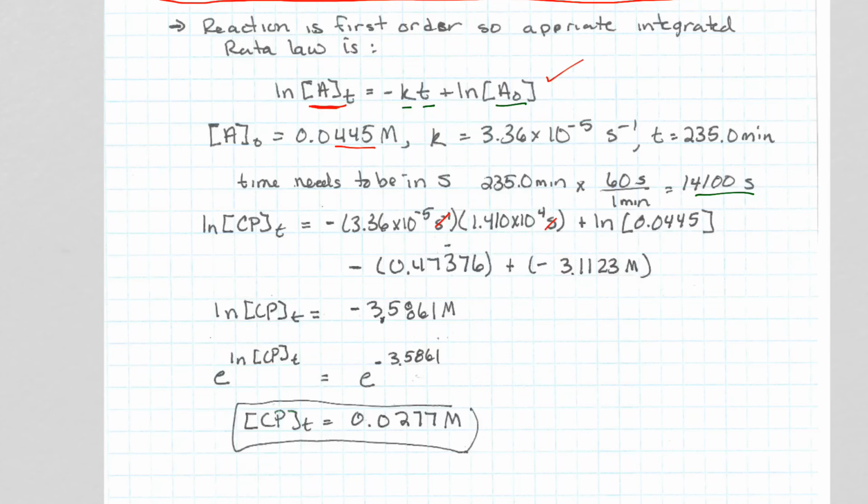All right, so this is a basic type problem looking at integrated rate laws, the dependence of concentration on time. Of course, there are other things you could also be asked to do. You could be given data and asked to find k. You could be given data and asked to find time. The idea is that you're going to be given all but one of the variables.